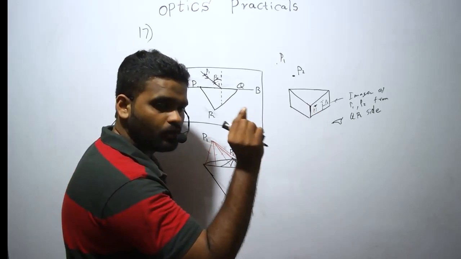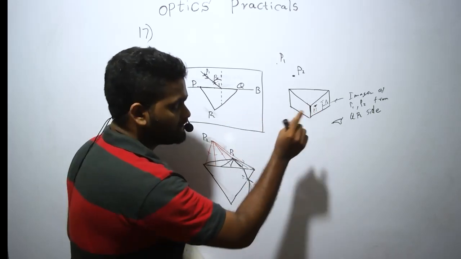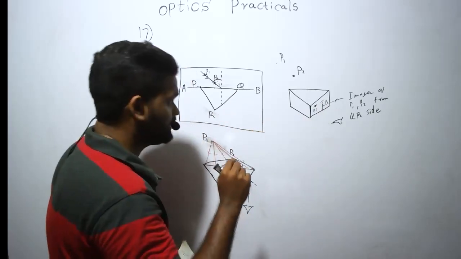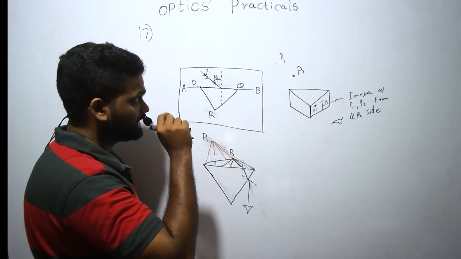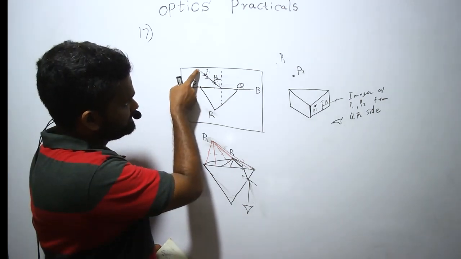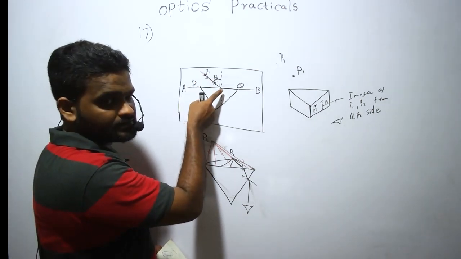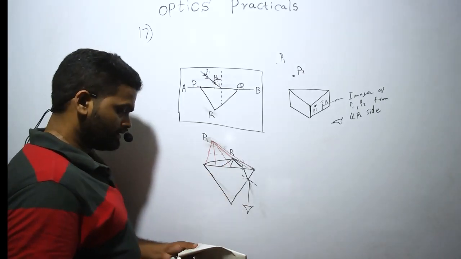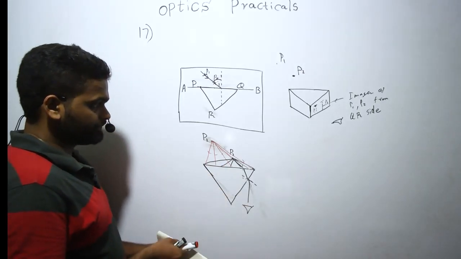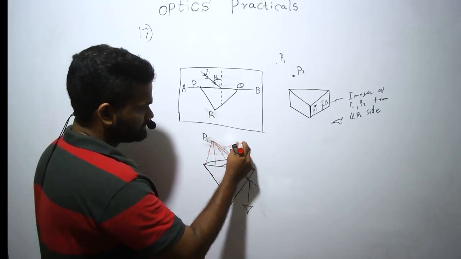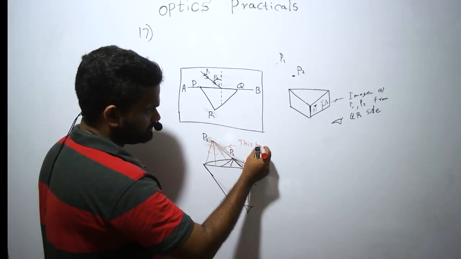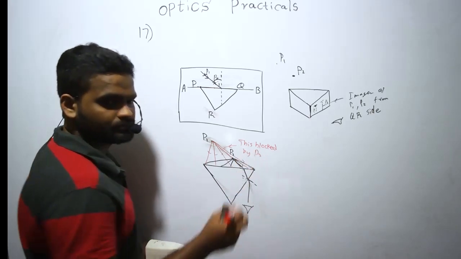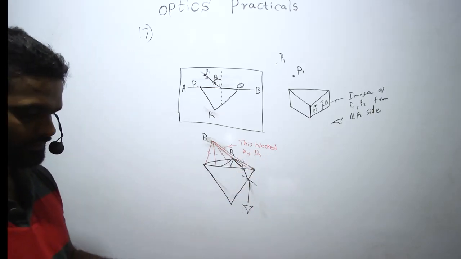So at a certain point, you will only see one image, not two images. That is the case, then we can say these two are in one line. So this one is blocked by P2. This is blocked by P2.